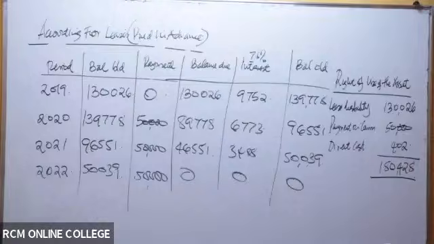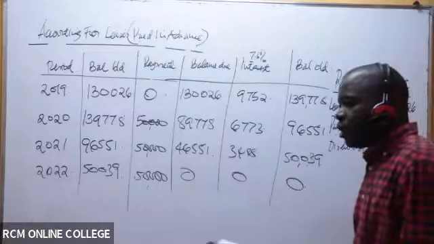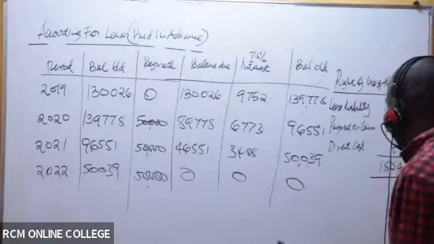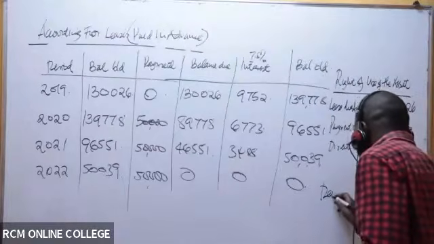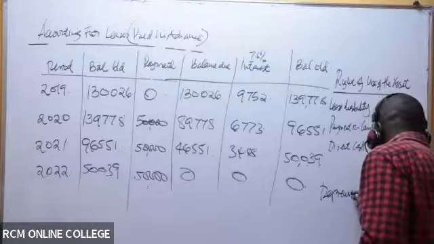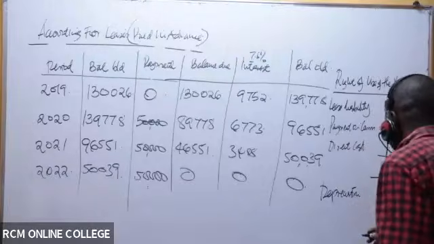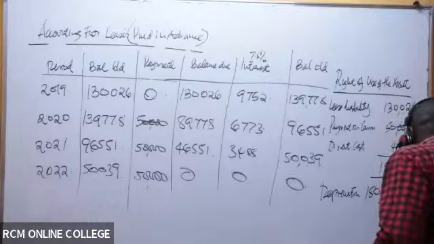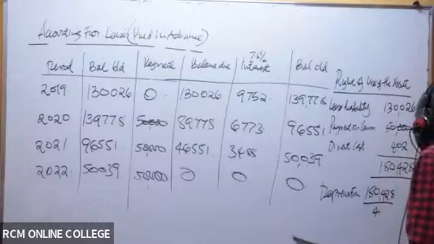And of course, that is what you'll end up having to do, depreciate. So remember, this asset was actually leased for how many years? 4. So if it was leased for 4 years, it means our depreciation is equal to 180,428 divided by 4.